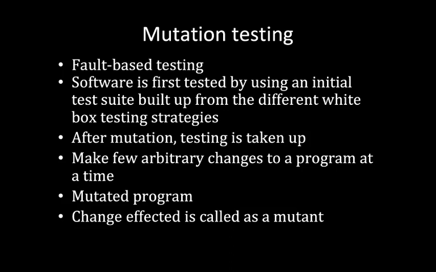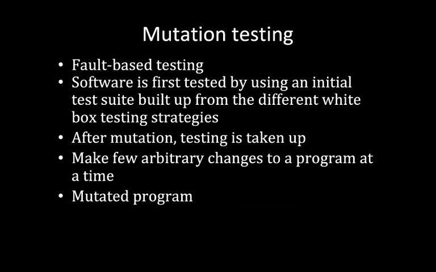So we mutate the program. If we have software, we simply shuffle some of the statements, jumble them, and we get a mutated program. Then we give the same test cases. Initially we designed test cases, tested, and found there was no error.